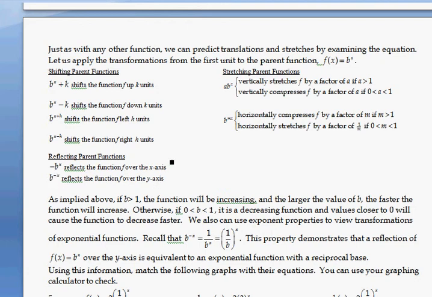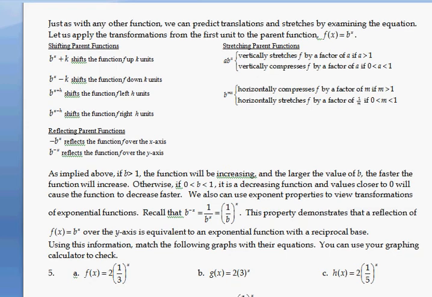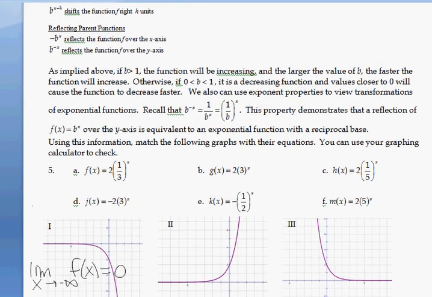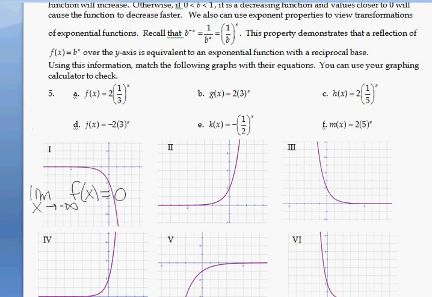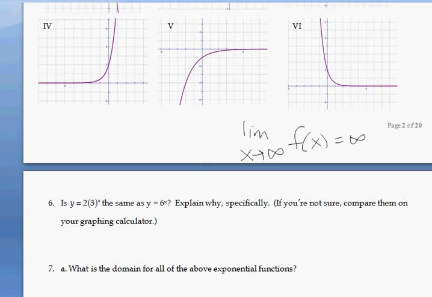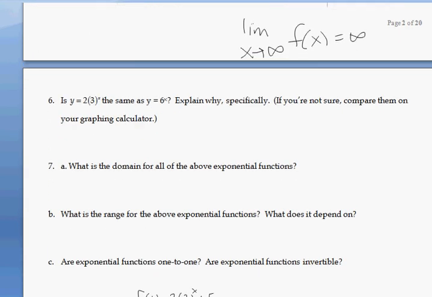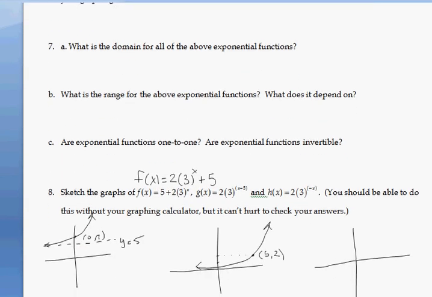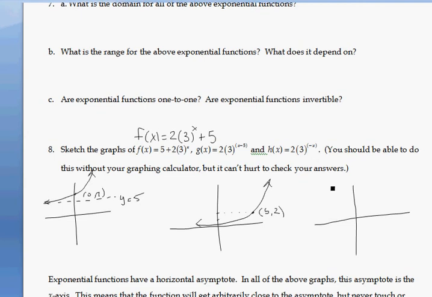So we're picturing our regular 3 to the x function, which is normally increasing. But when we reflect it over the y-axis, it's actually going to be decreasing. Sorry, I know this is taking a second to get back down. So it's still going to have that y-intercept at 0, 2, but now it's going to be decreasing.